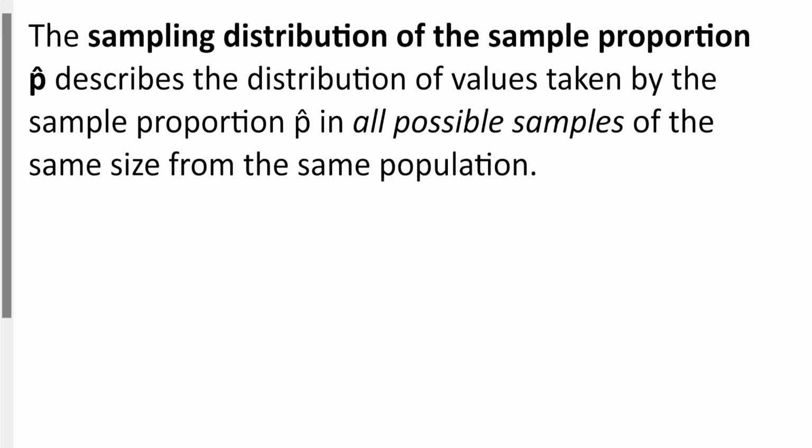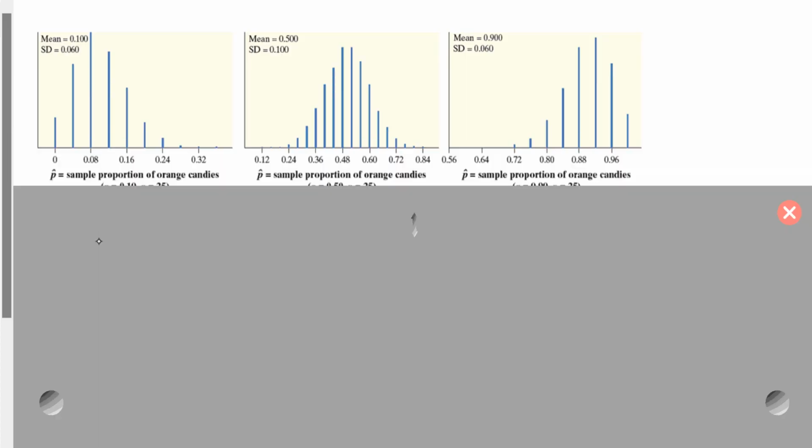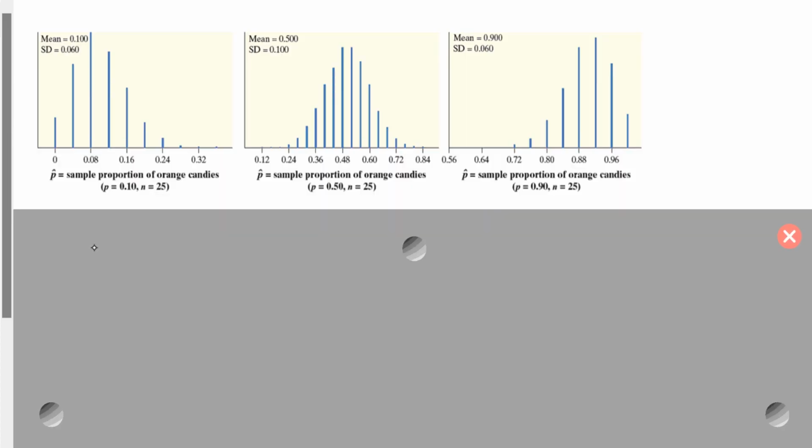Now it's a distribution, so we look at this and we can see what it looks like when it's plotted. Now, if you look here at the very top, we have 3 different proportions, okay, 0.1, 0.5, and 0.9. And you can kind of see where they're gathered.